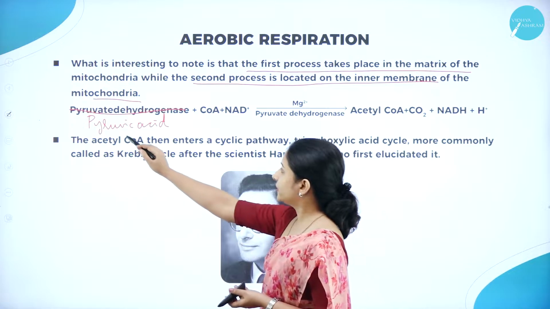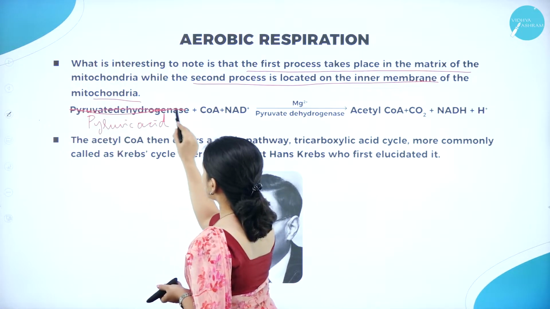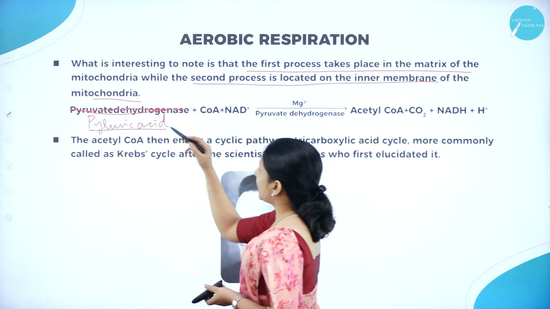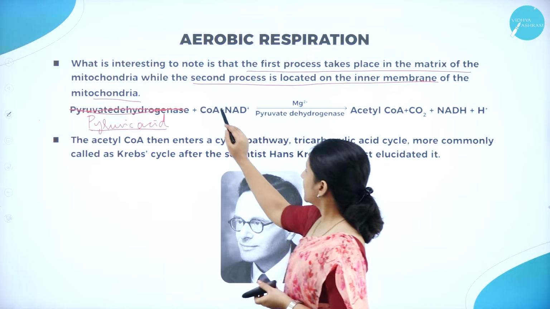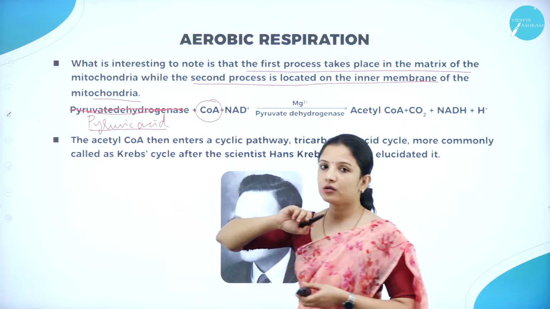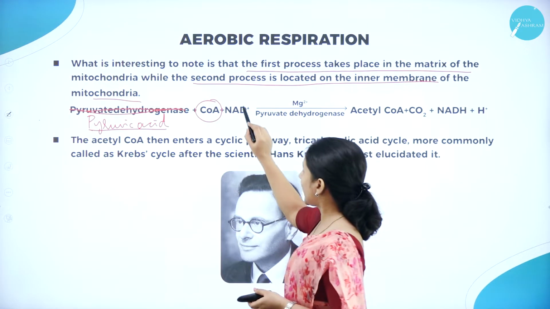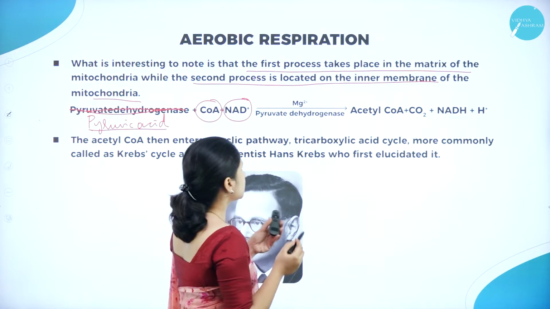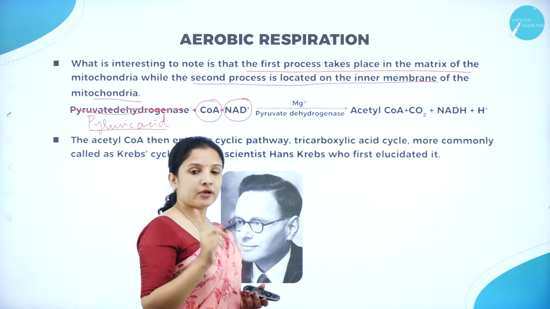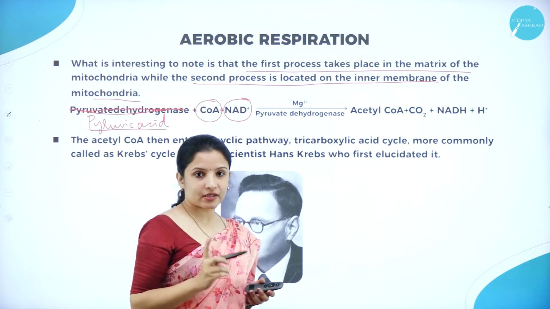So here what happens? Pyruvic acid combines with the coenzyme A. Along with that, it makes use of NAD plus, and in the presence of magnesium ions and an enzyme. Enzymes always catalyze the rate of a reaction.